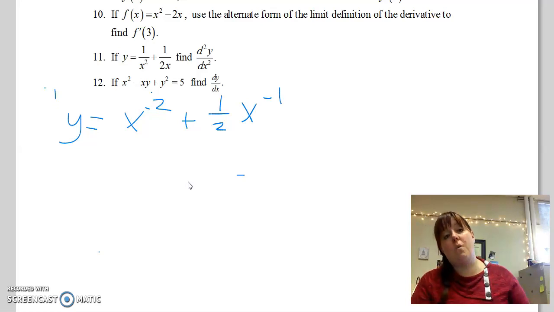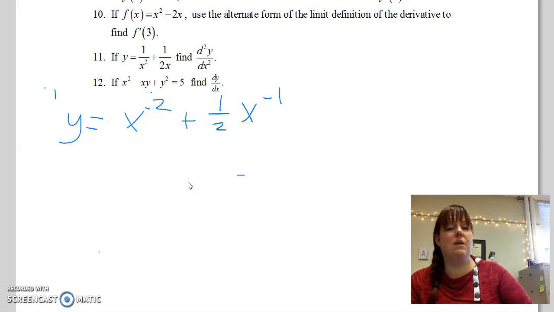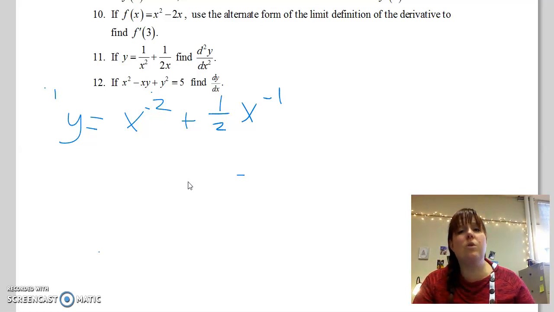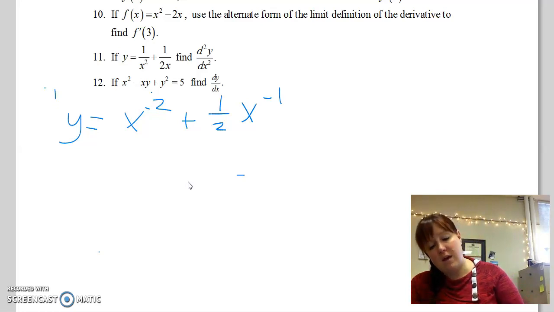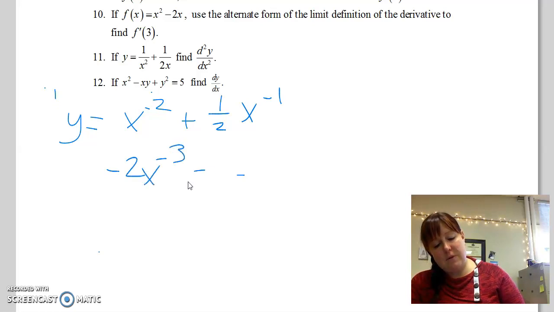This is just so much easier to do than quotient because this isn't really a quotient rule thing; we don't have a function over a function. We just have a constant over a function. Okay, so let's take the derivative of this: negative 2x to the negative 3 minus 1/2 x to the negative 2. And so this is y prime.